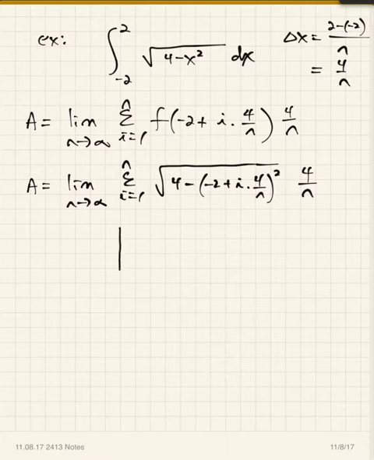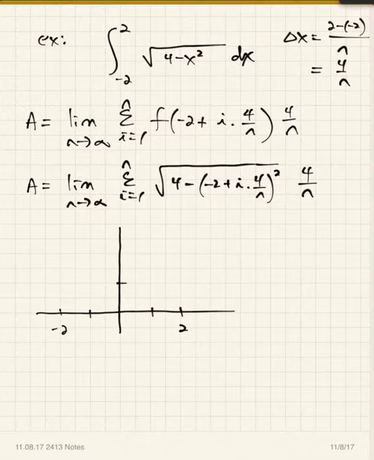If you look at the region that we're talking about from -2 to 2, so here's -2 and here's 2, this just ends up being a semicircle of radius 2. Oh, I knew I didn't do something quite right there.